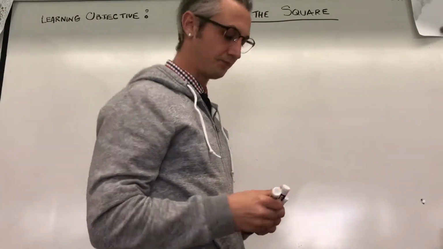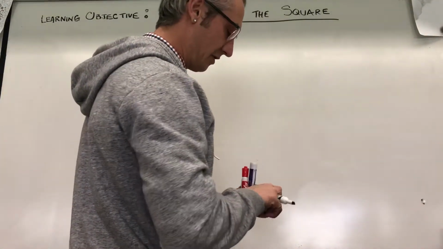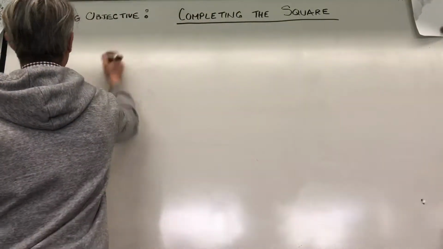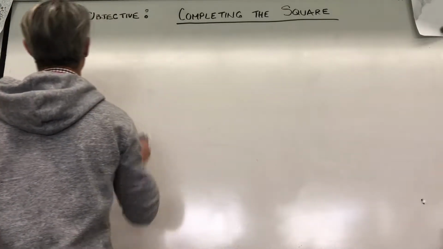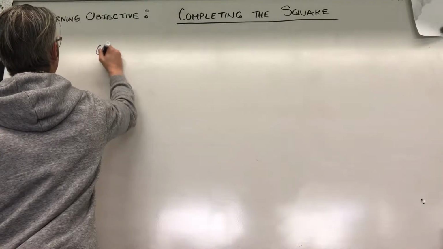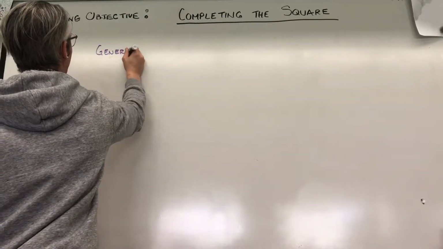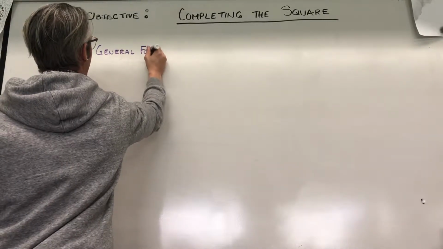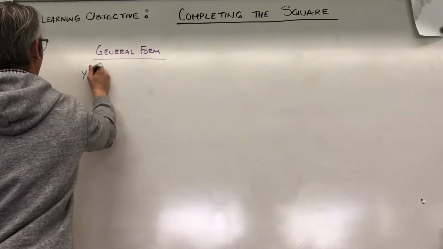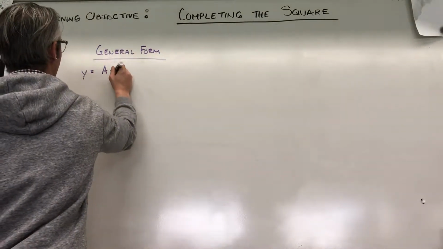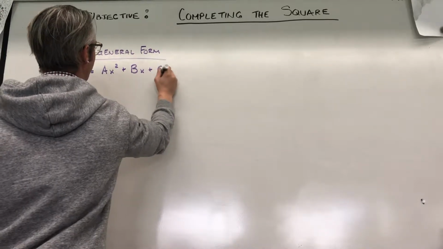So let's learn. So far in quadratics, we have been focusing on general form, which is y is equal to ax squared plus bx plus c.